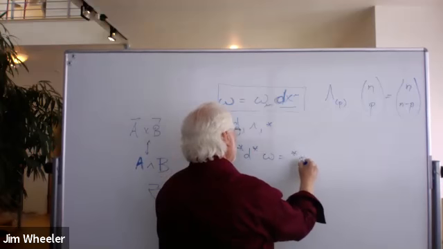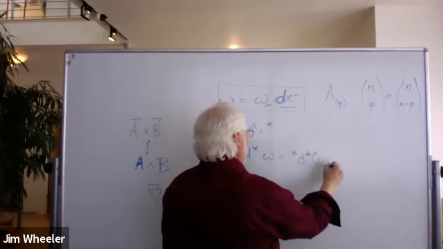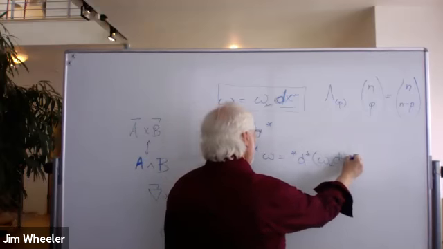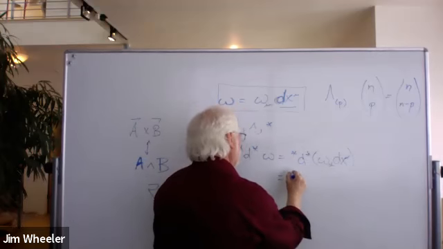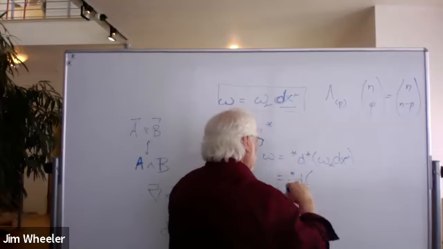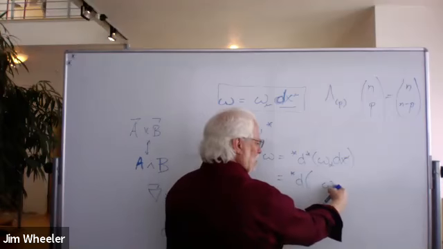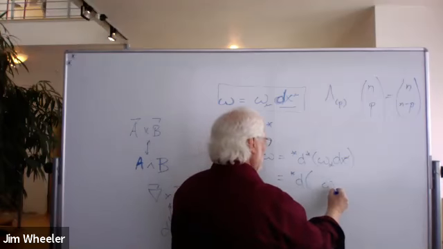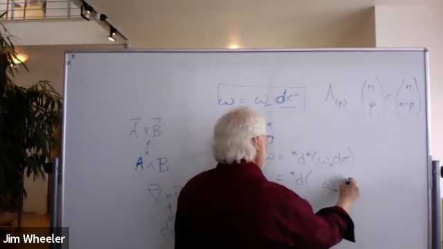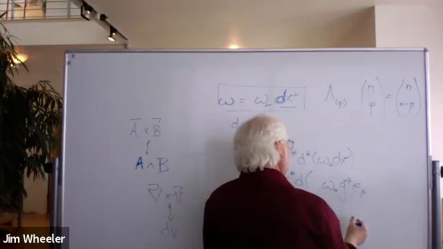Okay, let's see what happens on a one form. So we're going to take star of d of star of omega alpha dx alpha. So first we're going to take star, just work from the inside out. So this is not hard. There's going to be a g here, g alpha beta, and then an e beta.